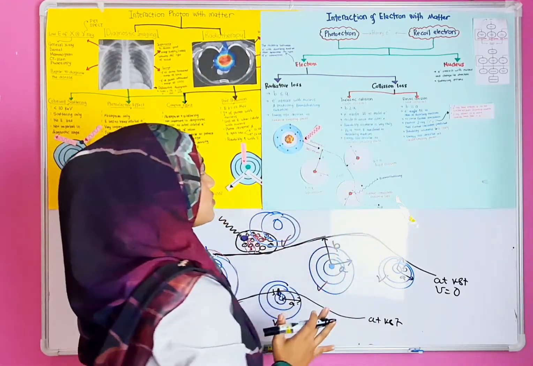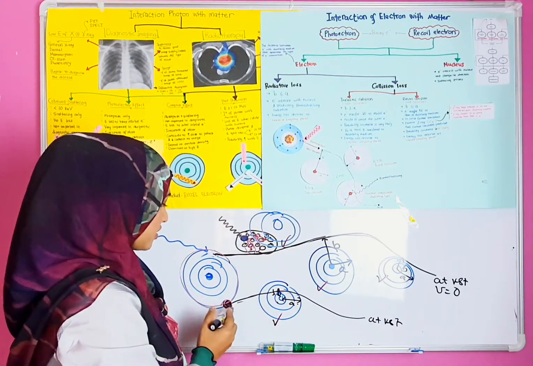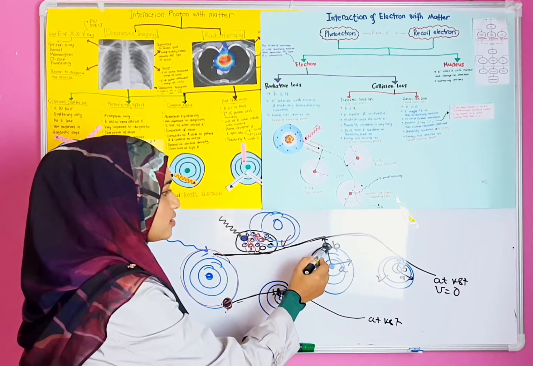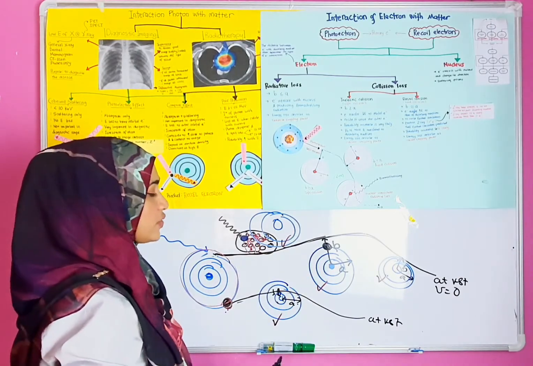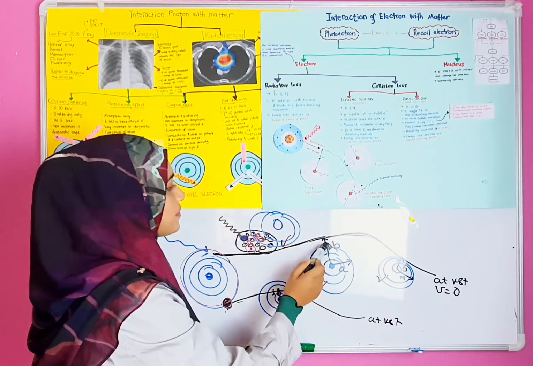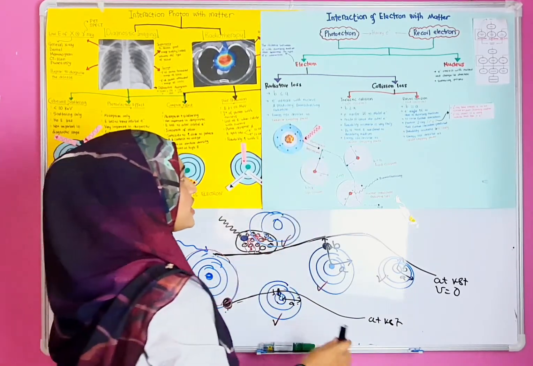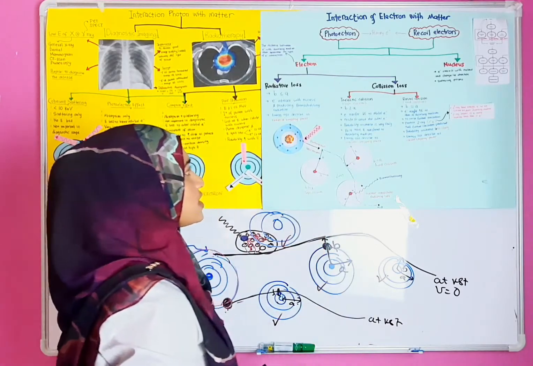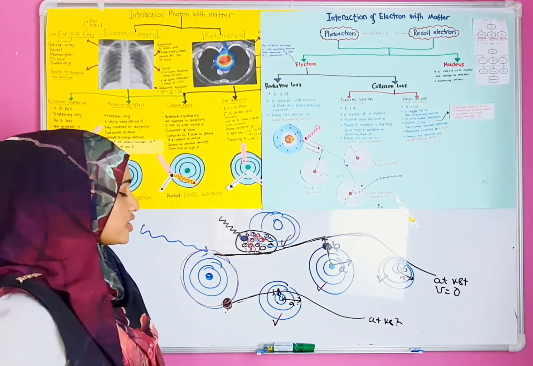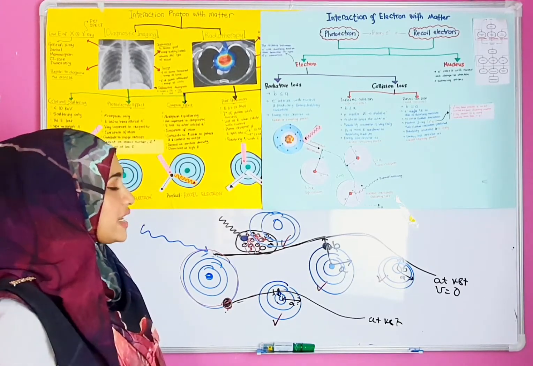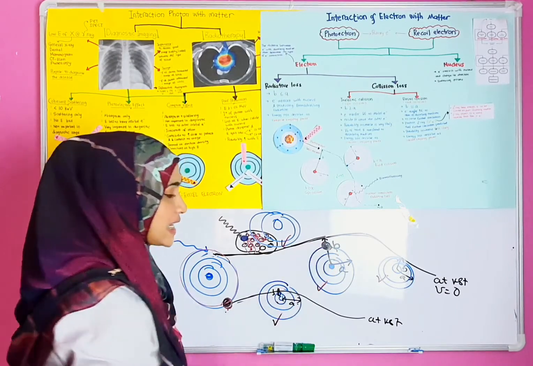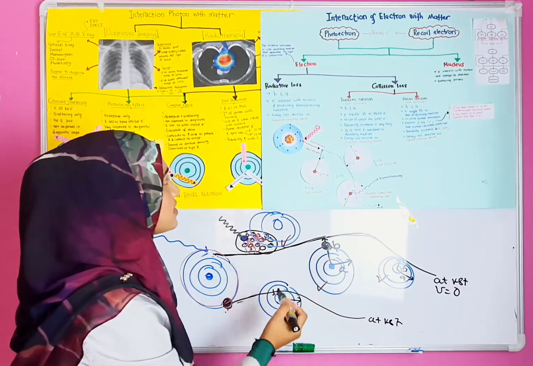For collision loss, what is meant by collision loss? It is the interaction of the electron with the outer electron of the particular atoms. So if, let's say, B is greater than A, then it becomes soft collision. What is meant by soft collision? In soft collision, the electron transfers a small amount of energy to the orbital electron, causing excitation of these atoms.